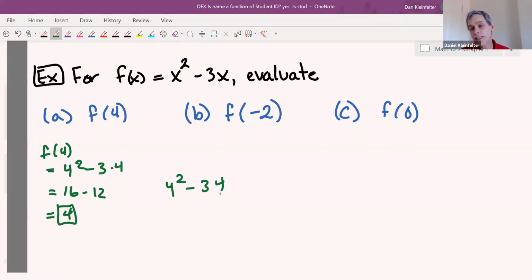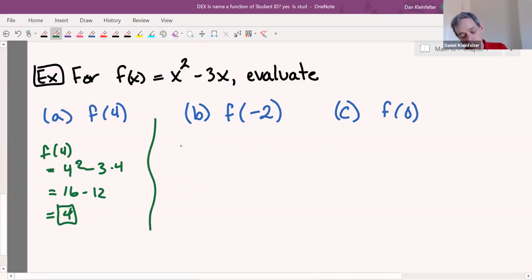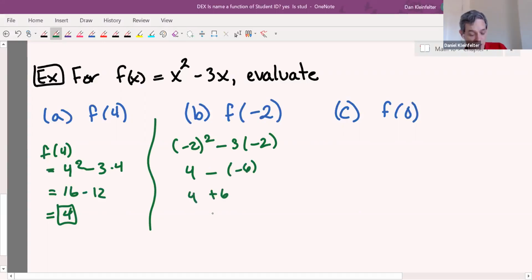So when you're replacing the letter by its value, you have to use some other punctuation, like parentheses or a dot for times or something to illustrate that. Okay, here, f of negative 2, that will be negative 2 squared minus 3 times negative 2. So we'll have 4 minus 3 times negative 2 is negative 6. 4 plus 6 is going to be 10.